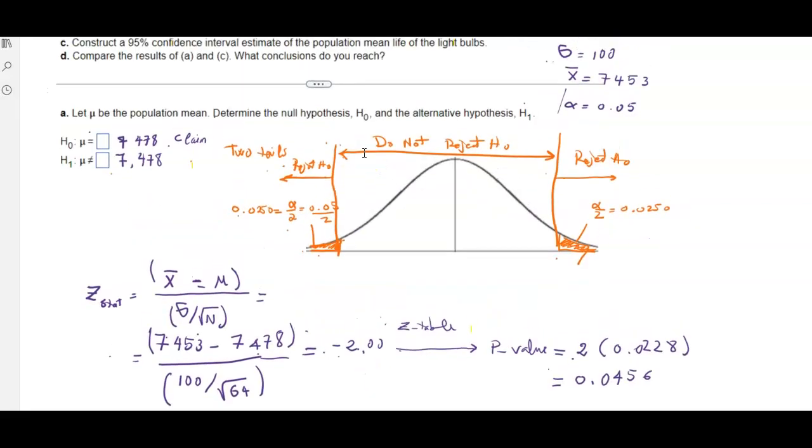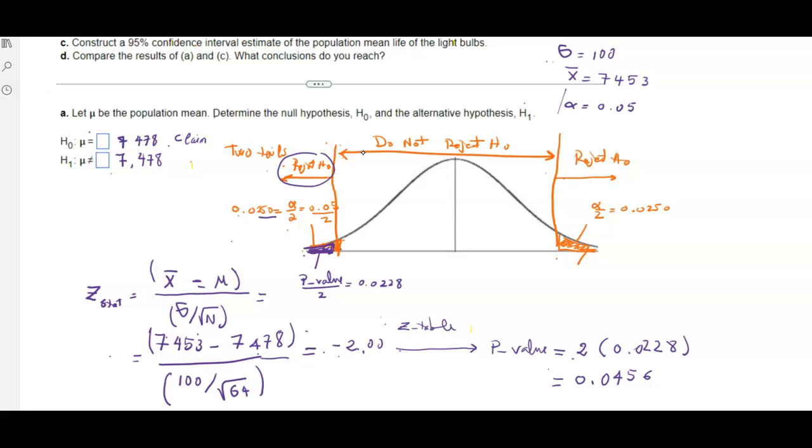We can explain it in the graph as well. If I draw only half of the p-value, half of alpha is 0.025 and half of the p-value is 0.0228, so it is a smaller area. It will be here. This is the p-value divided by 2, which is 0.0228. We notice it falls within the rejection zone, so we reject the null hypothesis.